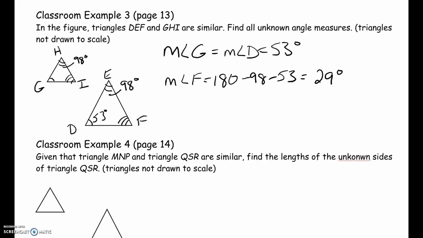And then again, since I have similar triangles, the measure of angle I equals the measure of angle F, which is 29 degrees. So have I found all of the angles? I found G, I, and F. That problem's done.